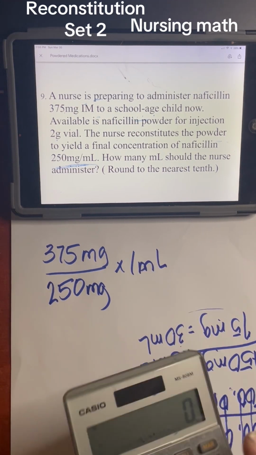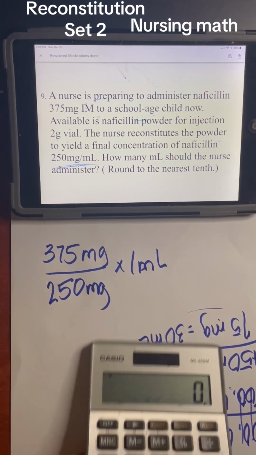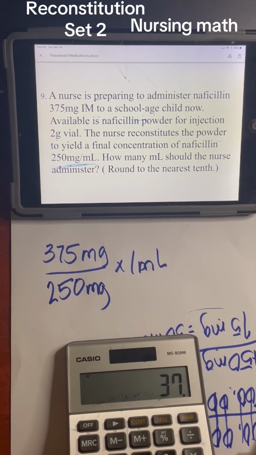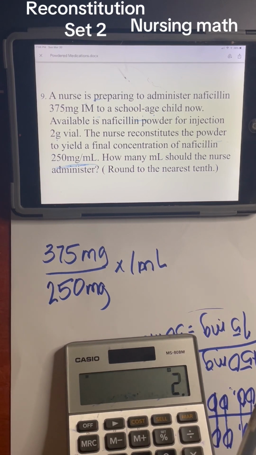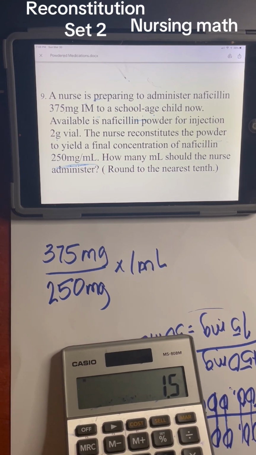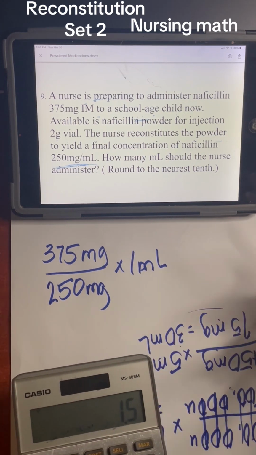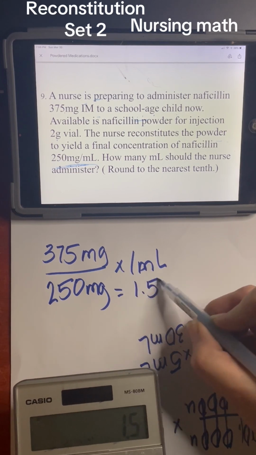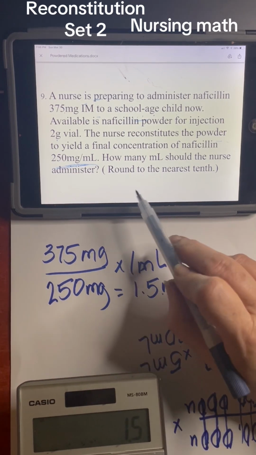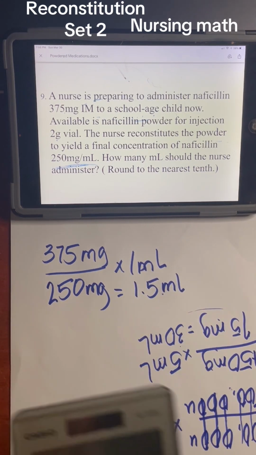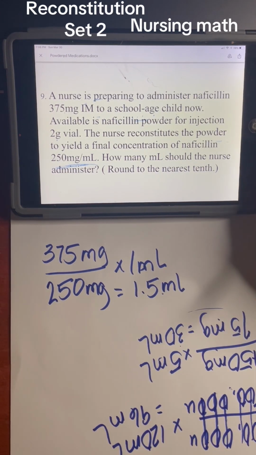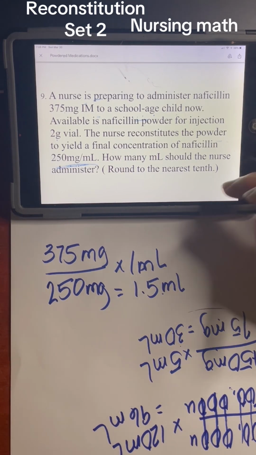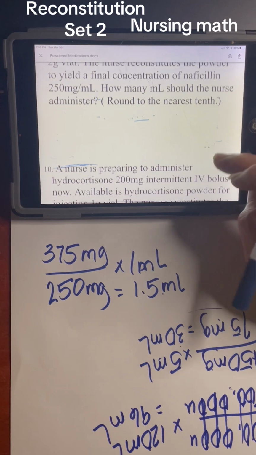And then we're doing the math. This divided by that, come on. 375 divided by 250 equals. Times 1, it'd still be this. And so they would get 1.5 mLs. It says round to the nearest tenths. Thank goodness, because we had a tenth left over. Okay, you like it. I can tell.